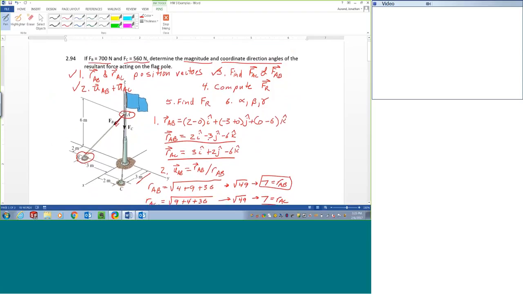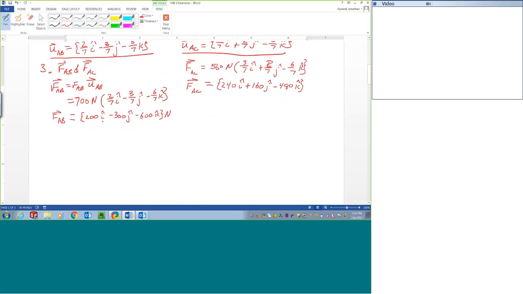Now we need to add those together. Step 4, FR, the vector, is going to equal FAB plus FAC. So we're just going to add these components together. FR equals 200 plus 240 i, plus negative 300 plus 160 j, plus negative 600 minus 480 k.